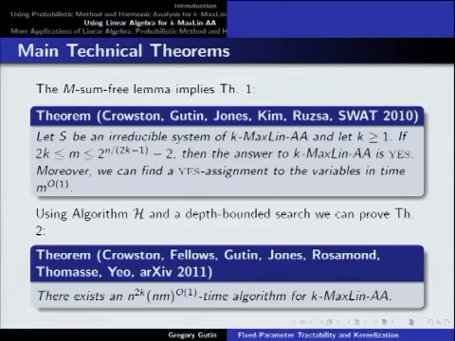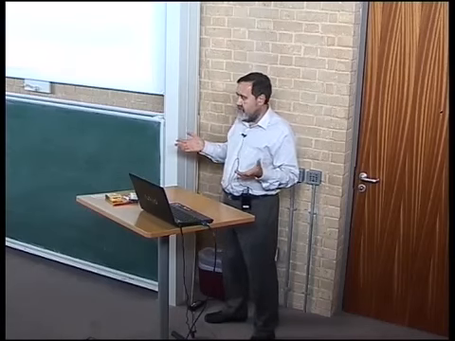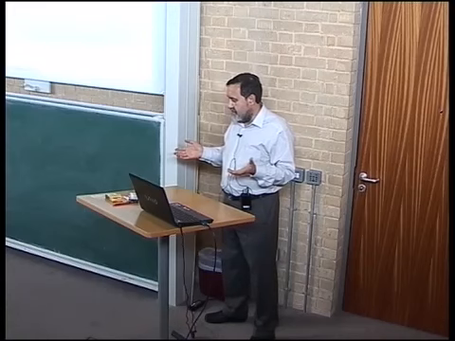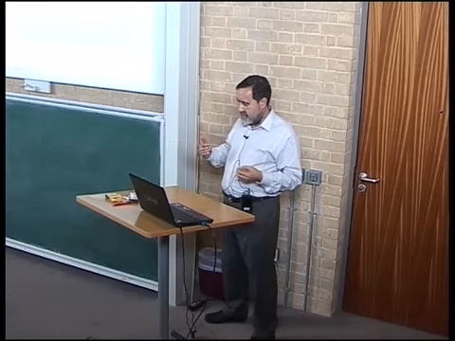Now, if we use that lemma and the algorithm H, in which we look at that system, the left-hand side vectors, incidence vectors of the left-hand sides, and say that this is our set M. Then we choose K M-sum-free vectors, and those vectors correspond to the equations.